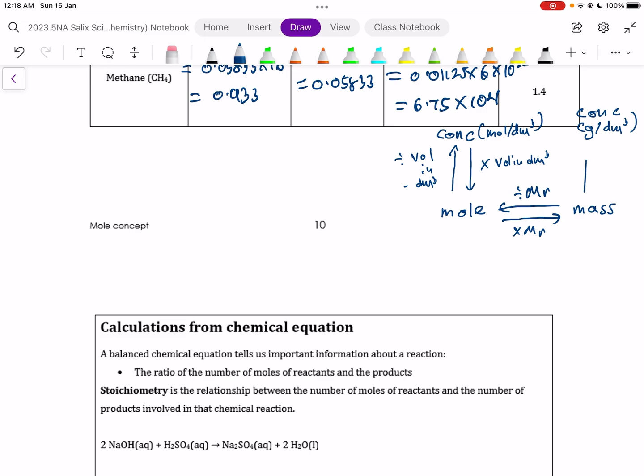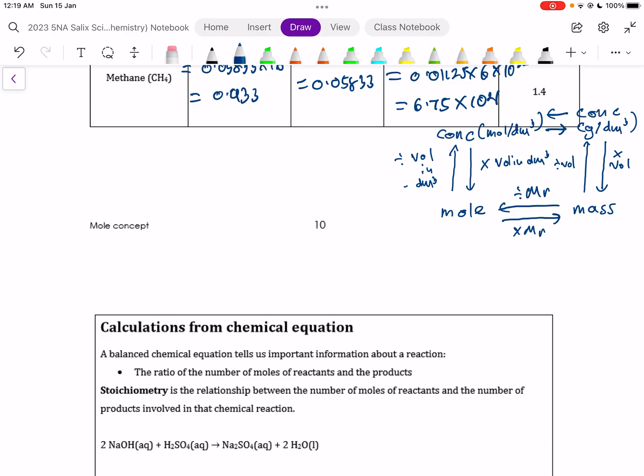What you can do is you divide by volume, then the other way around you multiply by volume in dm cube. So of course you can interconvert between these two units of concentration.